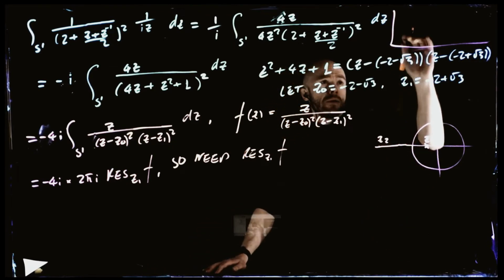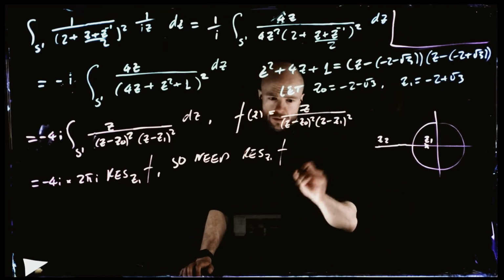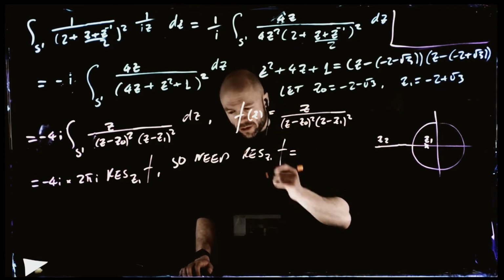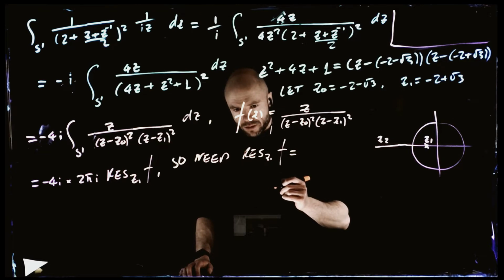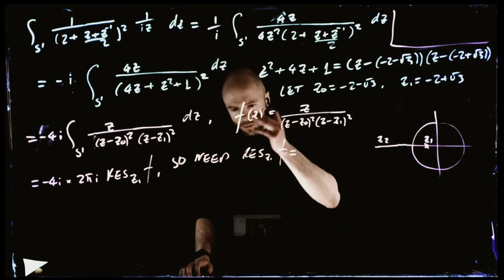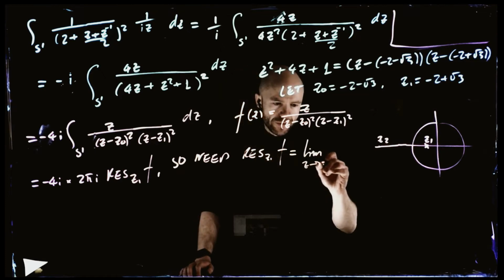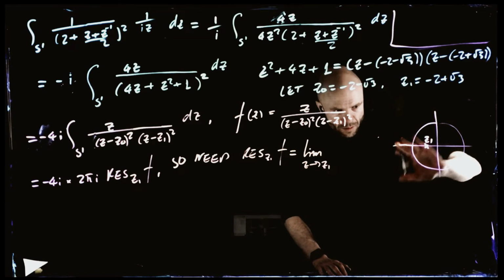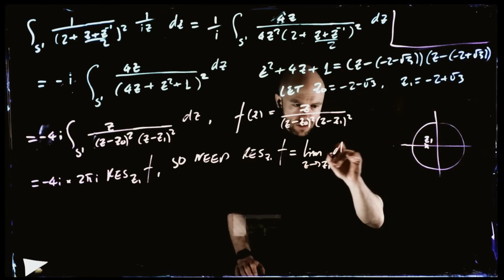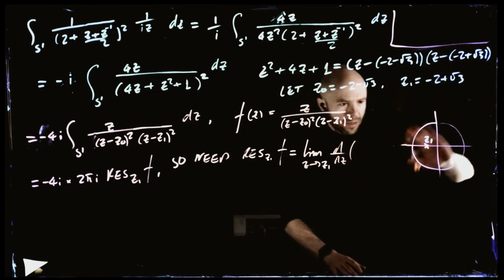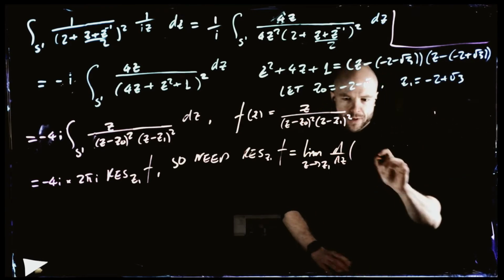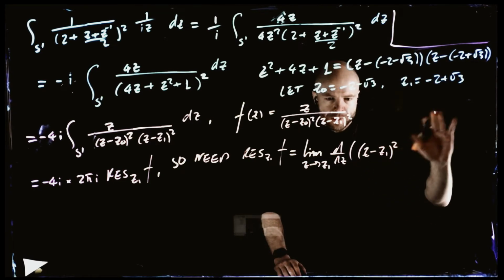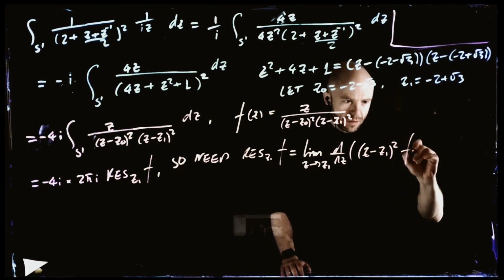Good. So this thing, and there's one other thing you're missing. Factorial is going to be 1. Good. Take the limit as z goes to z1, and then we differentiate one time, and we multiply our function by the pole to the power 2, times the function itself.